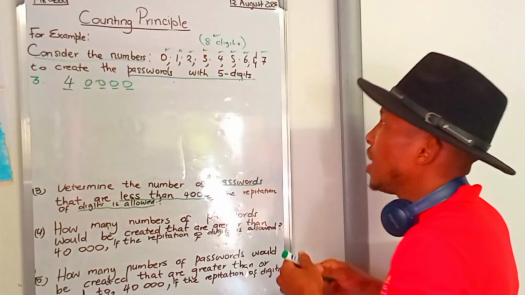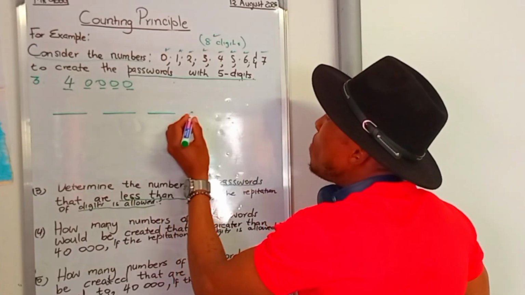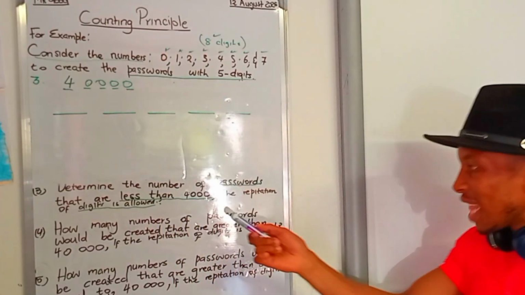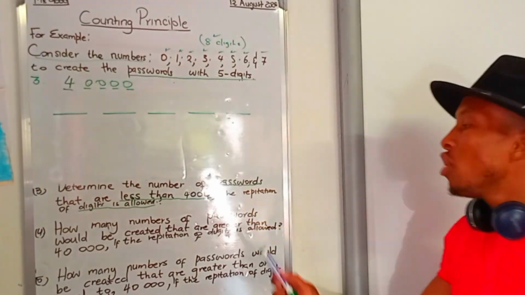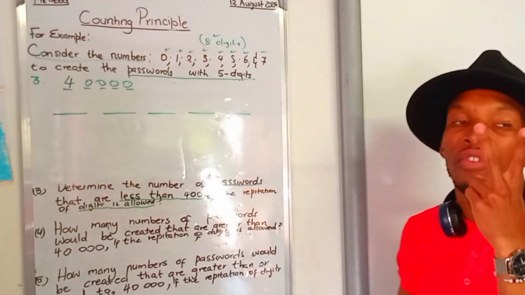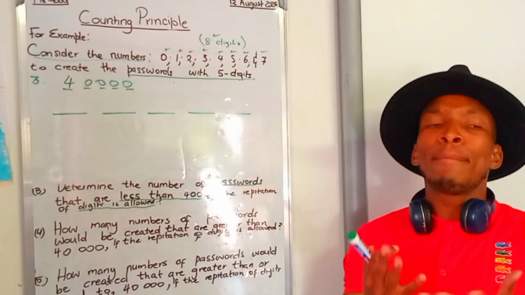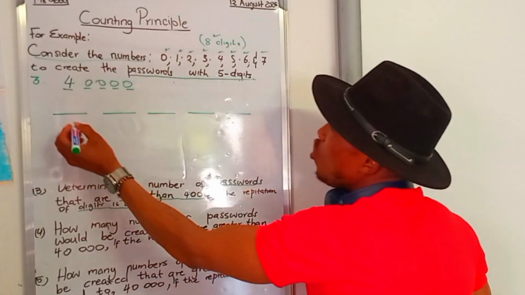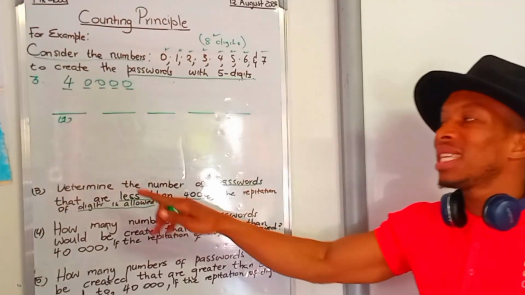Okay, then let's go. Then what are we going to do? We need to find out how many passwords are going to be created that are less than 40,000. We have the first condition, and also the repetition of digits is allowed. We have two conditions that are very important to pay attention to. If the number is less than, then what are we going to do? We always look at the first event.